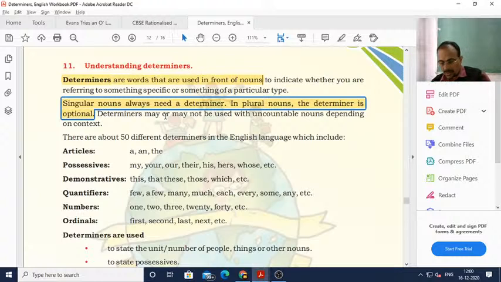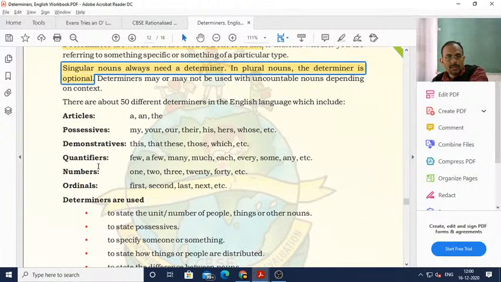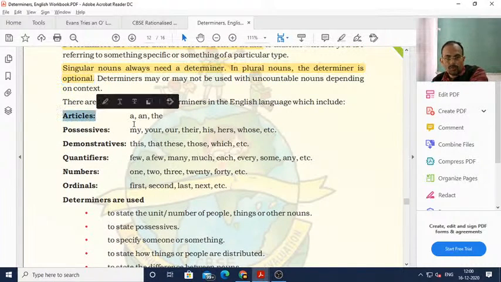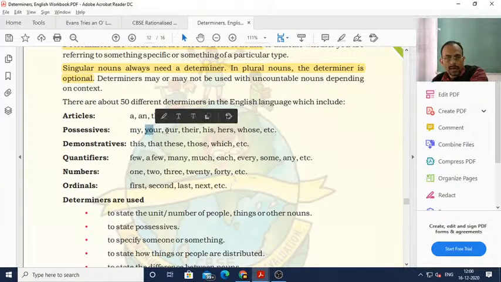Okay, so let's find out the types of determiners. You can see here: articles like a and the; possessives my, your, our, their, his, her, whose, etc. Do you know the meaning of possessives? Possessives means those words which show possession or ownership.